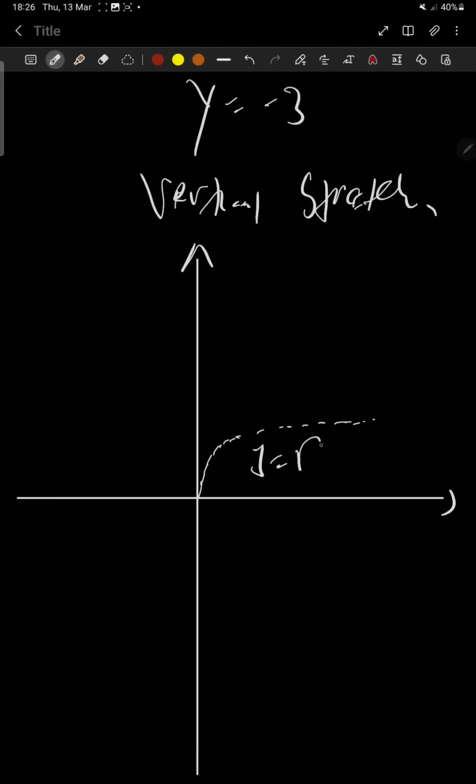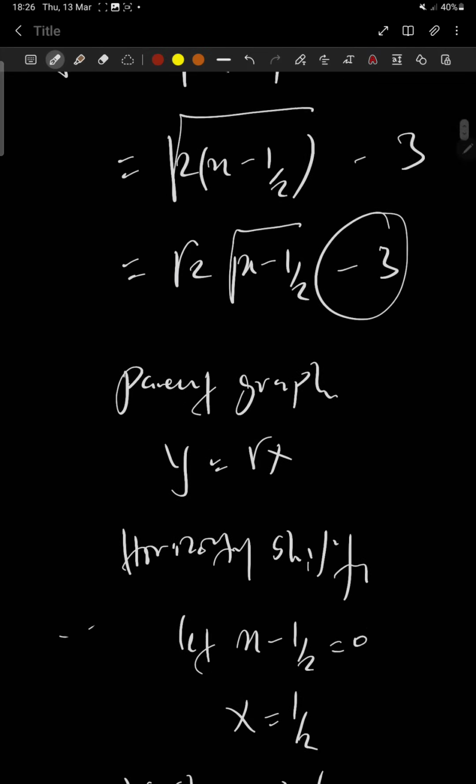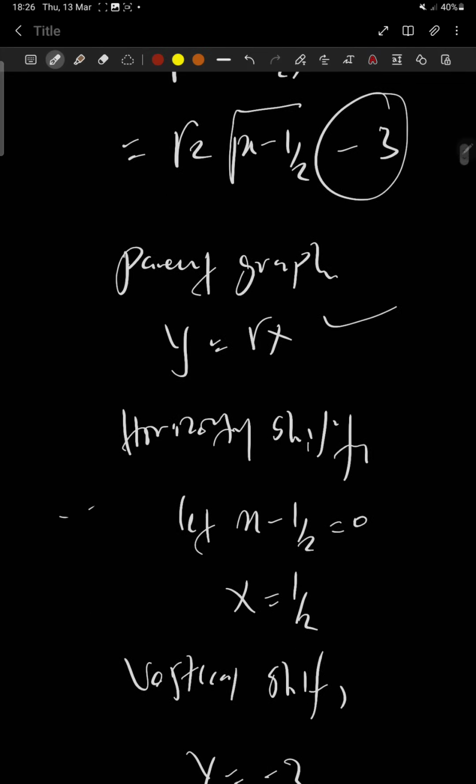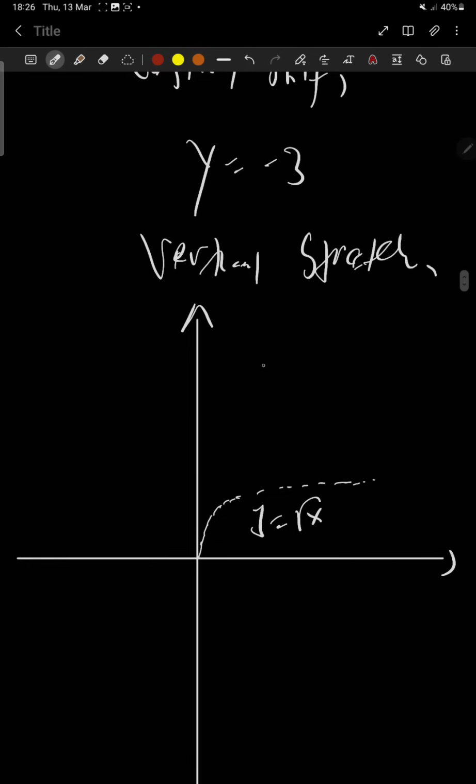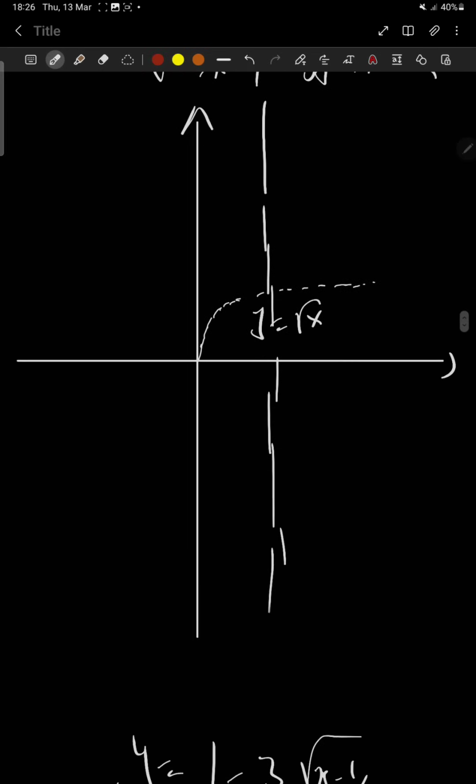This is y equals the square root of x. Check. Then we go to half. Where can we find half? Half is somewhere here; we're going to approximate. So it will start from here and join its friend there. So this is a shift.